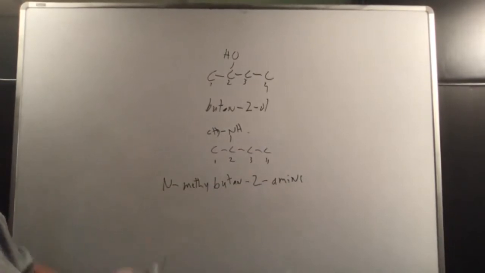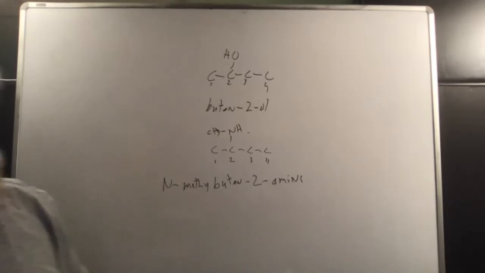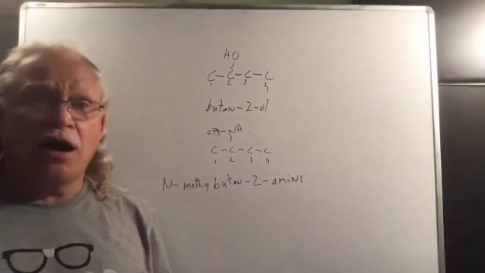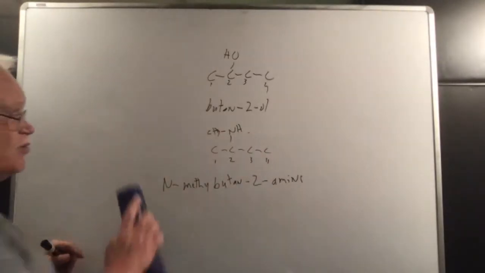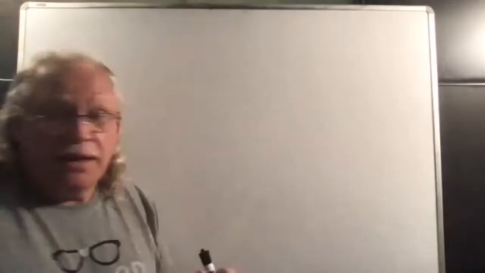So when you name them by the IUPAC method, you name them just the way you did with alcohols, again, showing any groups that are attached to the nitrogen. We use the capital letter N to show its position. So naming of the amines is not too difficult.